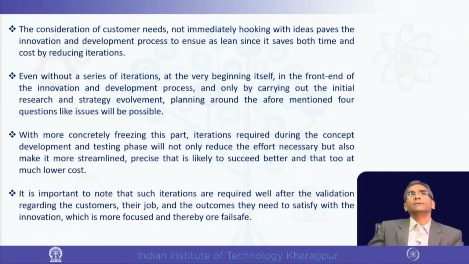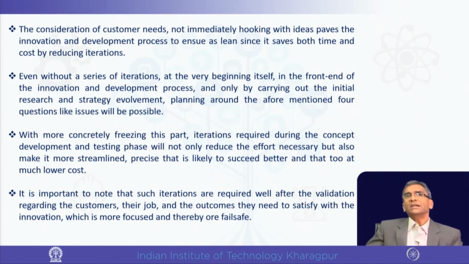I have already mentioned this, the consideration of customer needs. Even without a series of iterations, if it is matching, this mismatching will go. So, it can be done by more concretely freezing the initial part, and the rest will be more streamlined.